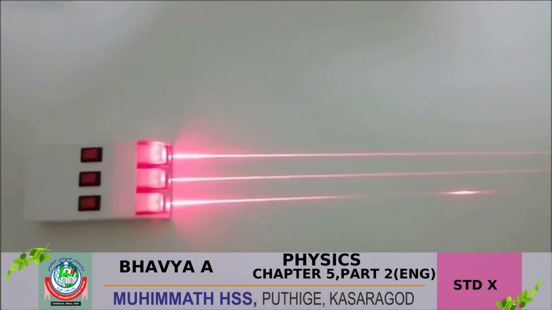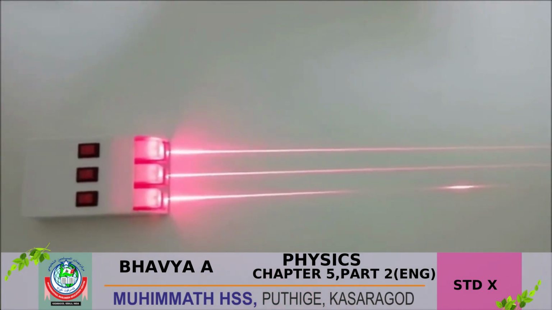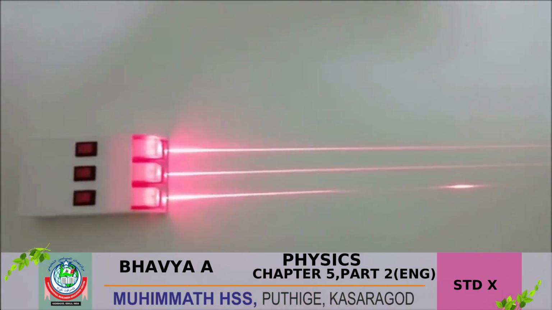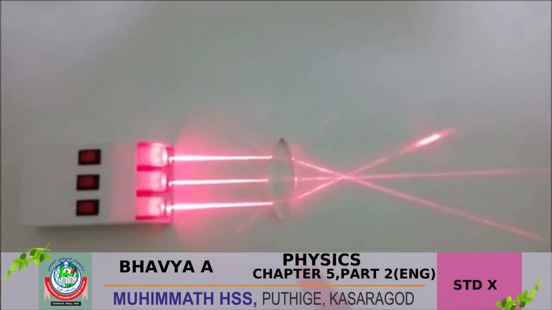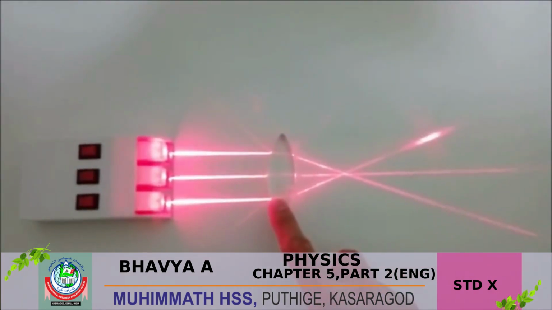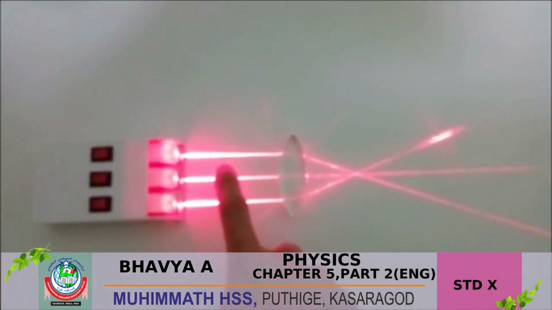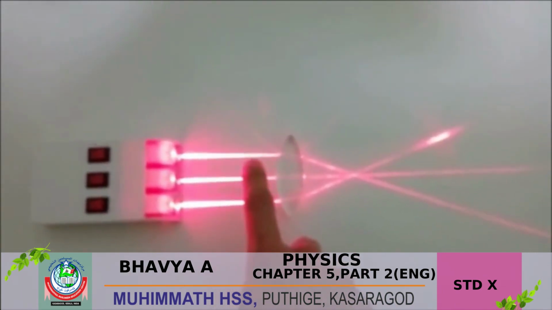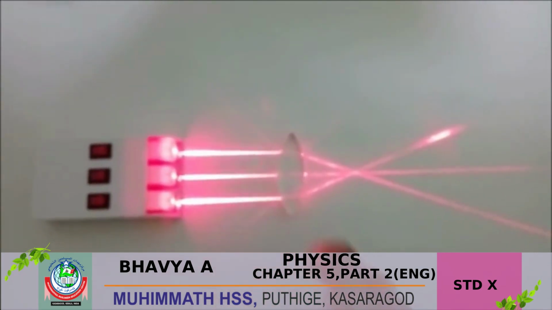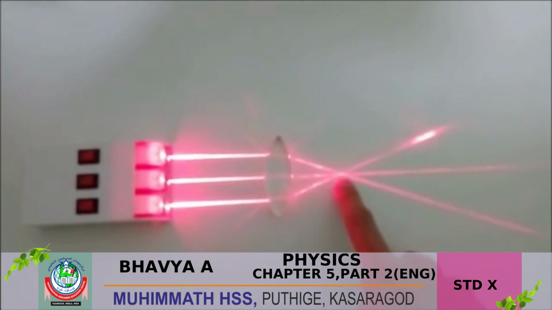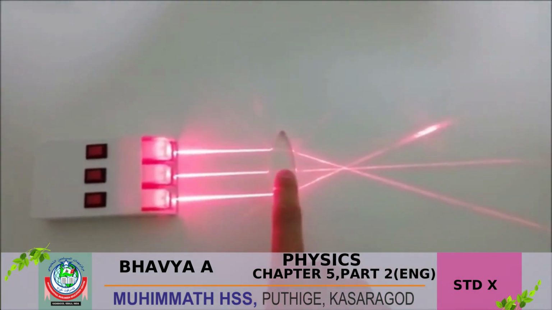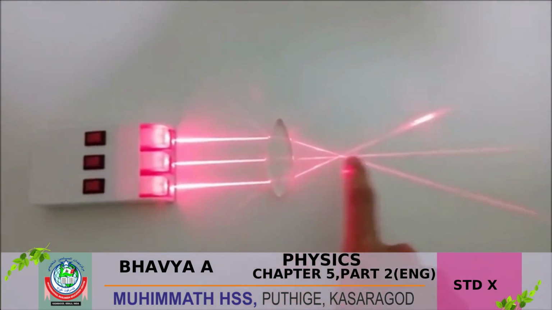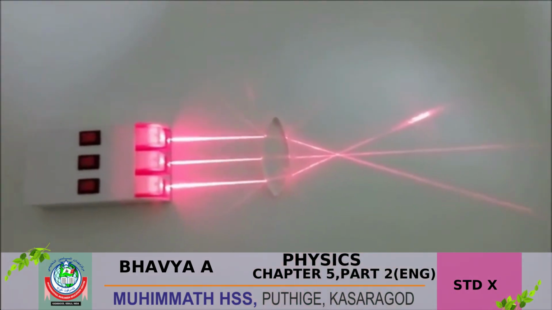This setup will help us to investigate the behavior of light as they pass through a thin converging lens. So I have a parallel beam of light here. When I place a thin converging lens here, the ray that is parallel to the principal axis will bend and cut the focal point. And the ray that cuts through the optical center will go straight through without bending.